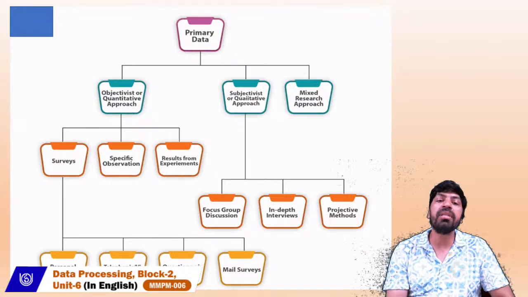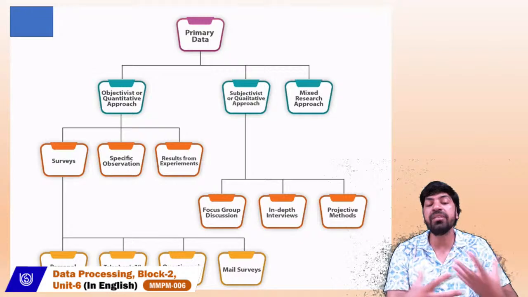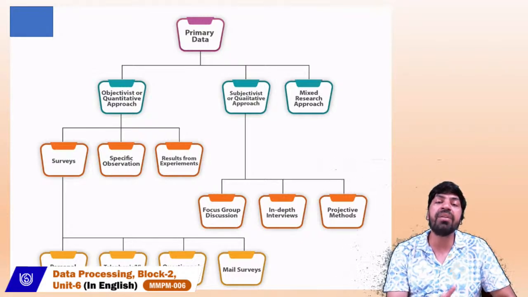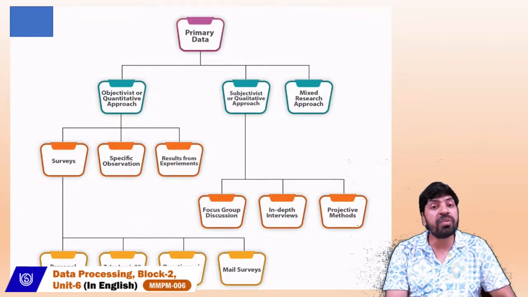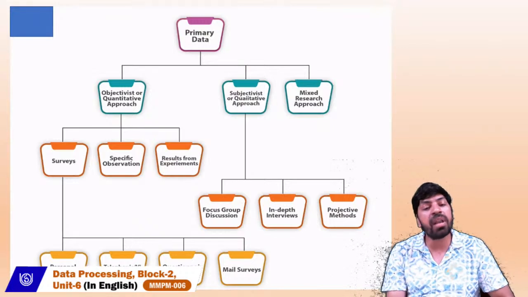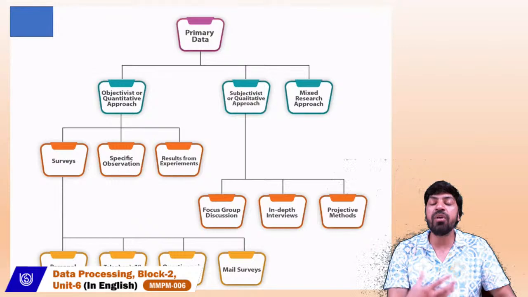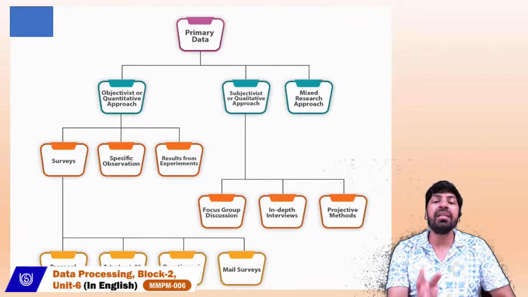When we talk about the survey, we always talk about personal questioning, personal interaction with the respondents, a telephonic conversation with one-to-one participants, and questionnaires, either offline or online, which you can do through emails or any of the electronic forms like WhatsApp, Telegram, Yahoo Messenger, etc., and the mail survey.